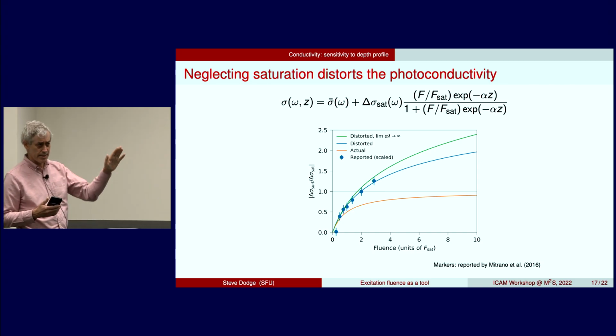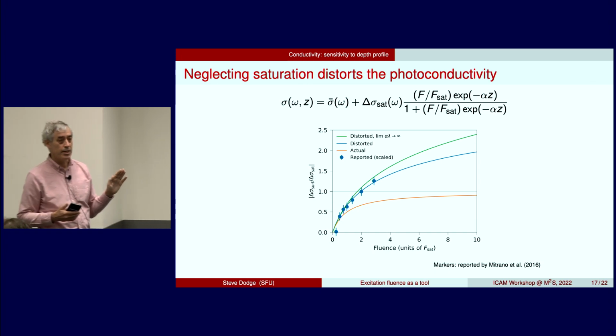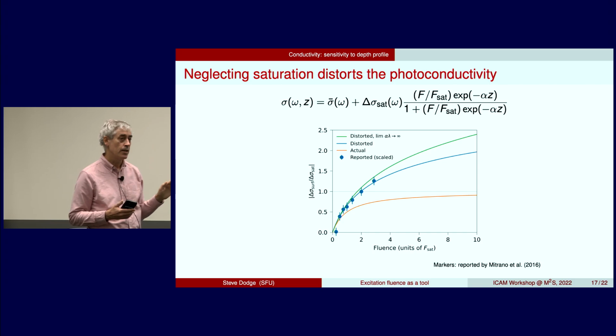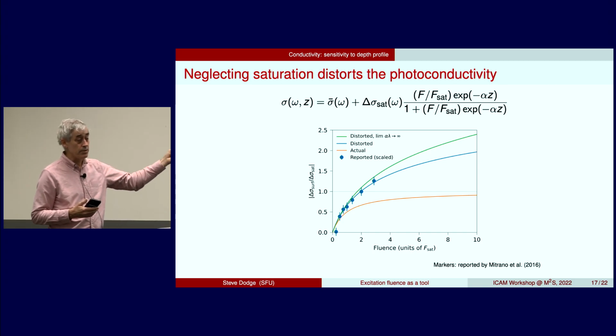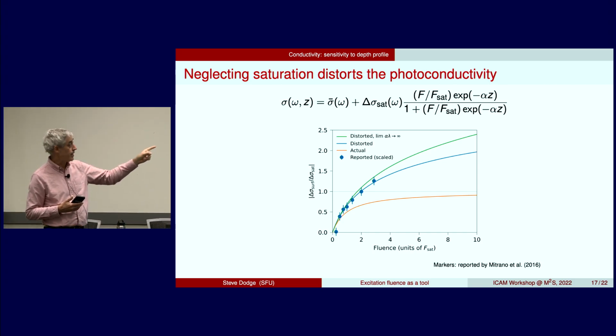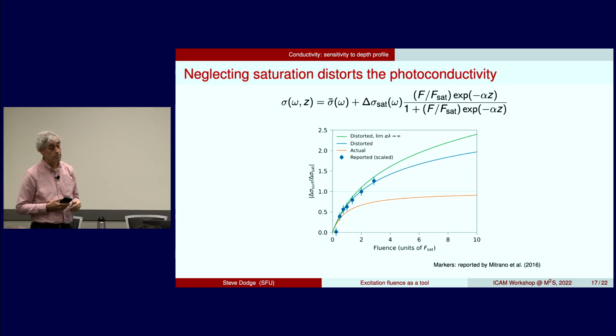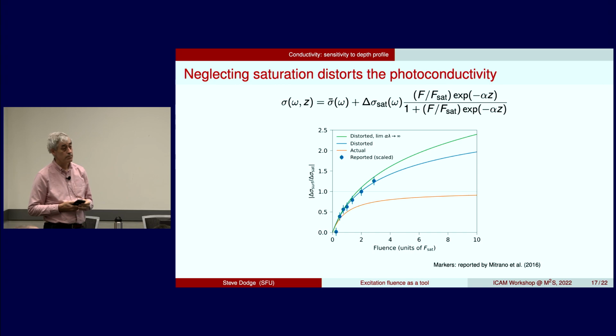It doesn't go exactly through 0, but it fits something like a square root form. If you convert that to fluence, it's very difficult to tell the difference between that and this logarithmic effect that I'm showing you here.